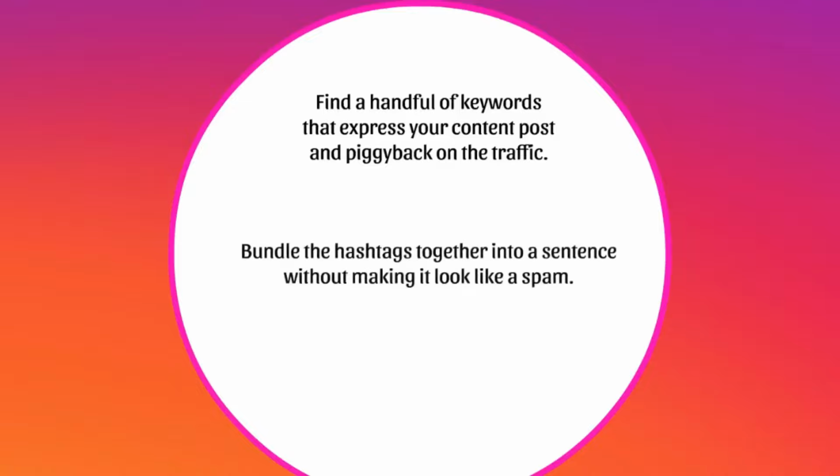From that, you want to take a bundle of hashtags that are getting a lot of traffic and combine them into a sentence without making it look like spam. So let me show you how BuzzSumo and other tools work to achieve this.